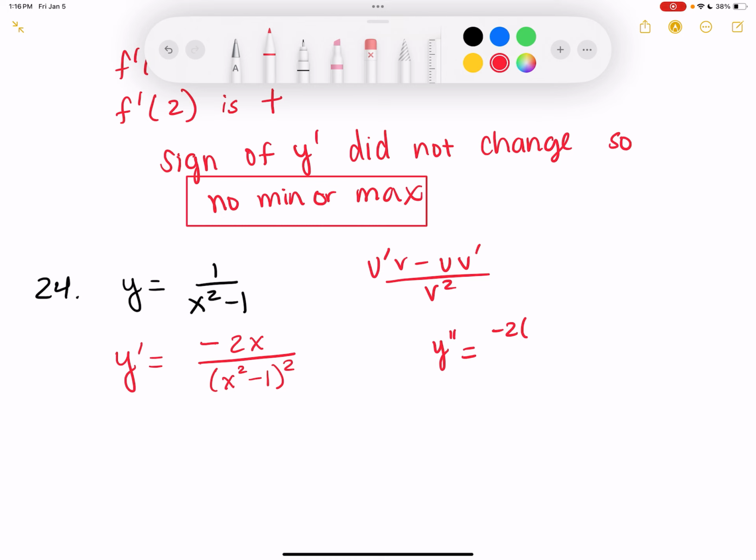Well, not yet. All right, what's the derivative of the bottom part? Okay. 2 times x squared minus 1 times 2x, all over.